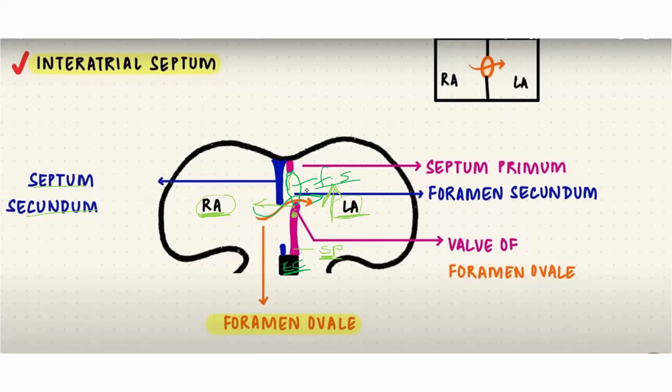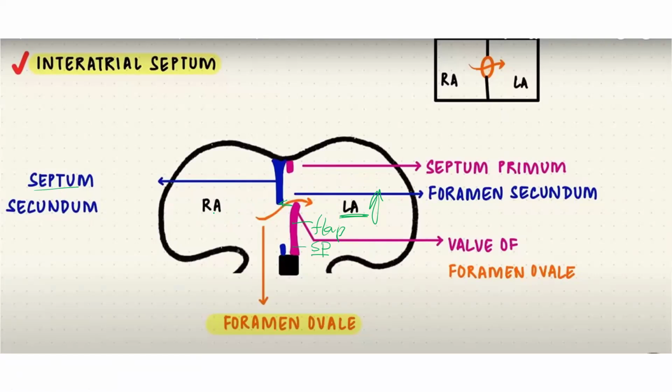So think about it. After birth, remember what I've said. This flap of septum primum will be pushed to the right. So during birth, because the pressures of the left side increase, this flap of septum primum is pushed to the right, and it adheres to the septum secundum.